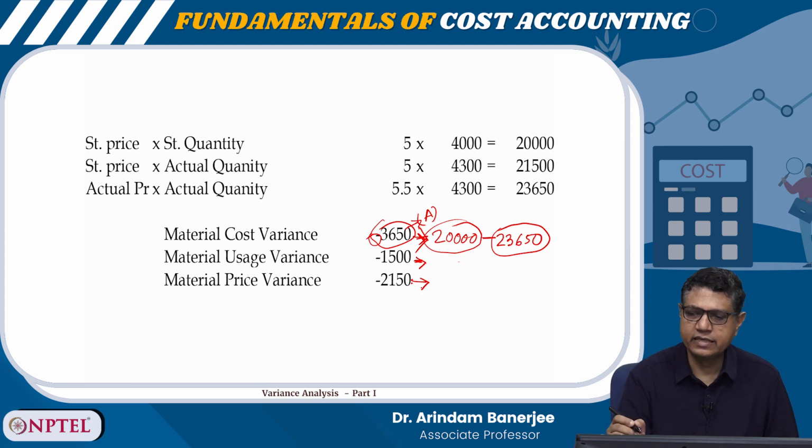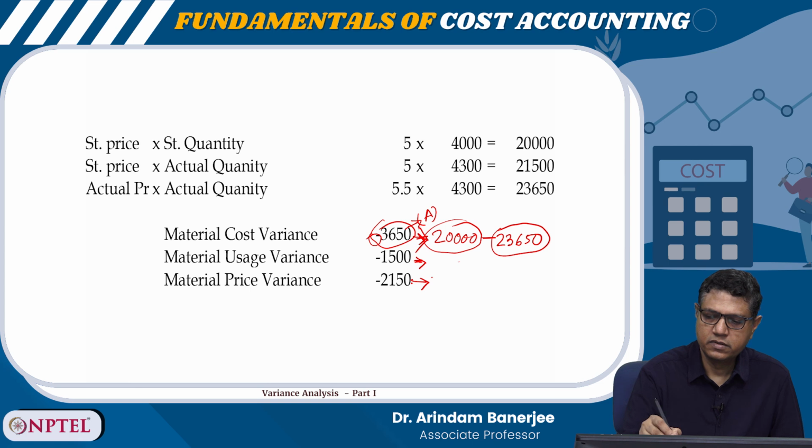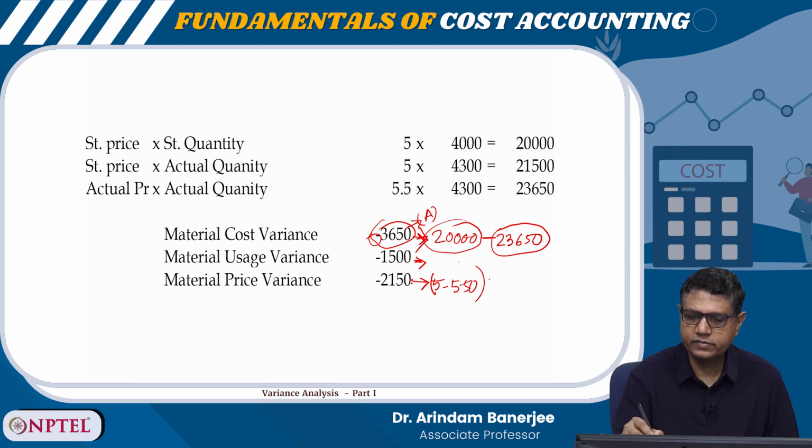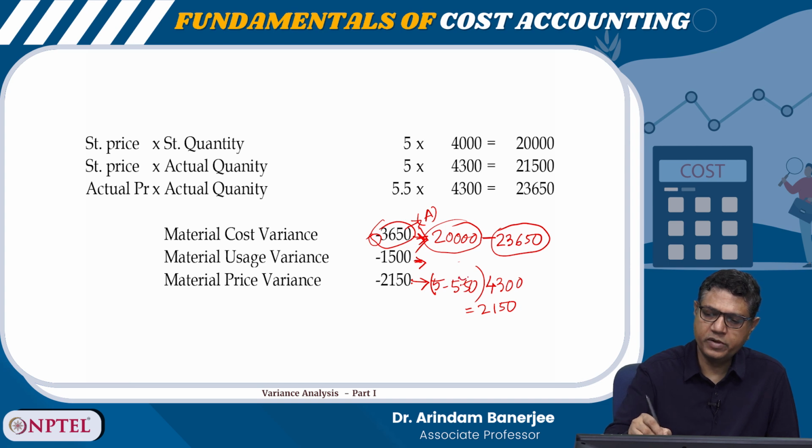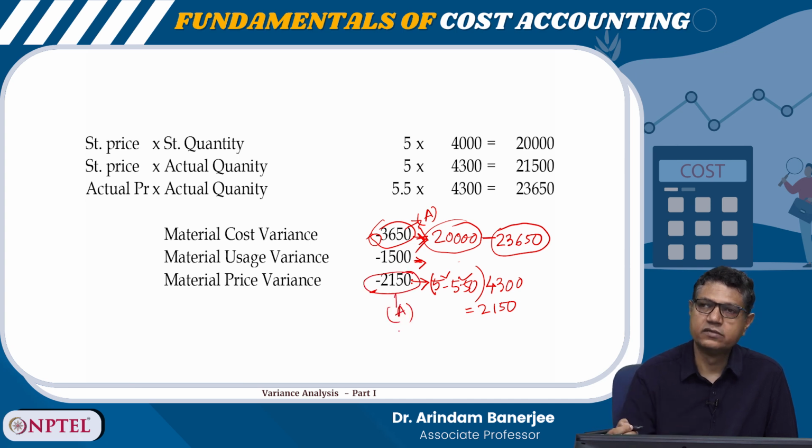So material price variance is standard price minus actual price into actual quantity. So this is equal to 4300 into 0.5. So it is 2150. And you see, the actual price is higher than standard price, so it is adverse, right? So this is minus 2150 adverse.